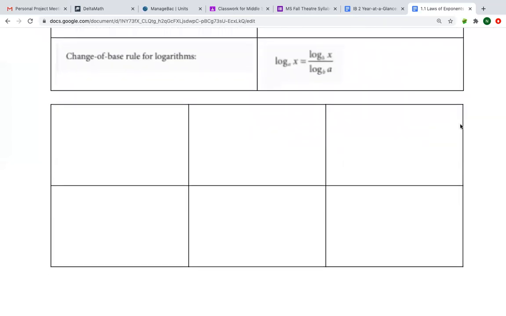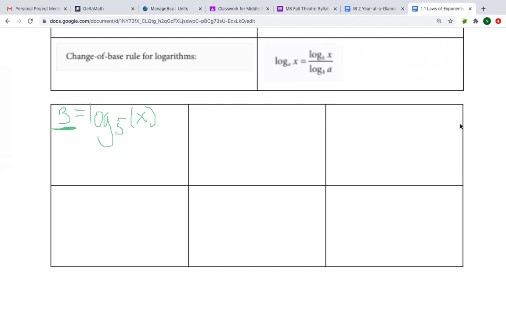So let's say we have the problem 3 is equal to log base 5 of x. So what we're going to do for this change of base formula, the base a is going to be raised to the power of whatever is by itself on the other side. And then whatever was in the parentheses will be left alone.